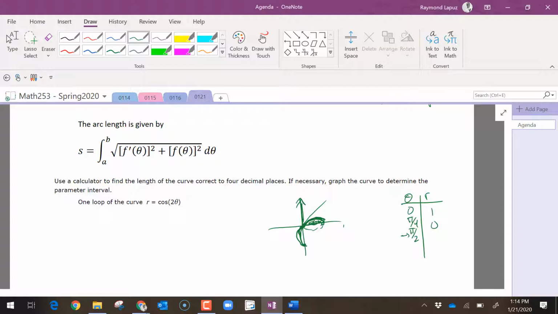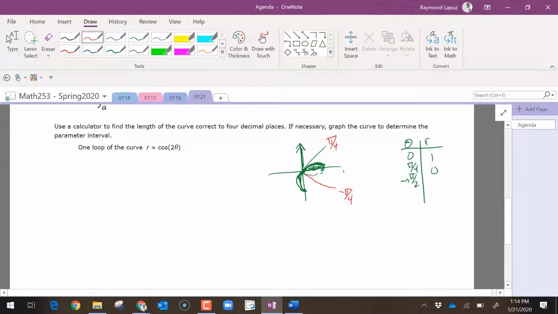Yeah. So I might be interested in doing half a loop and multiply it by 2, or I can start by going from negative pi over 4 to positive pi over 4. So either way, I think, would work fine. So those are our limits.